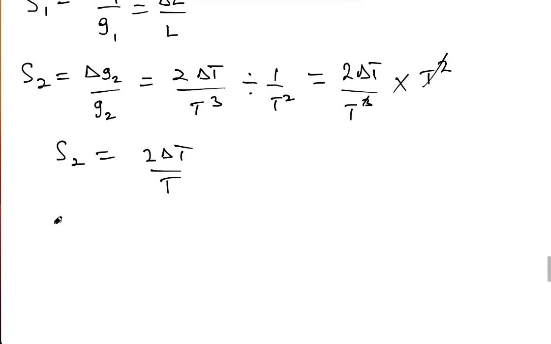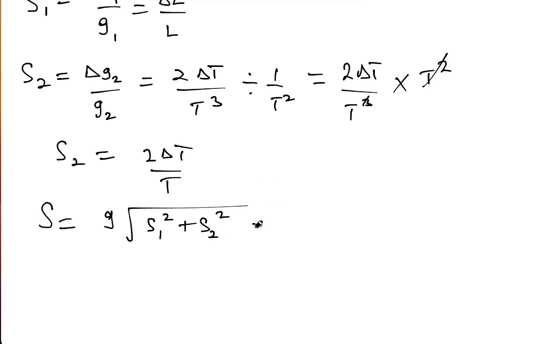Your S2 will become 2 times change in T over T. So our standard error for G now, which is the actual function we are dealing with, is going to be the function G itself multiplied by the square root of S1 squared plus S2 squared.